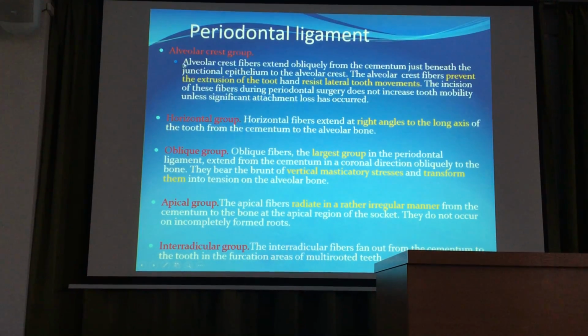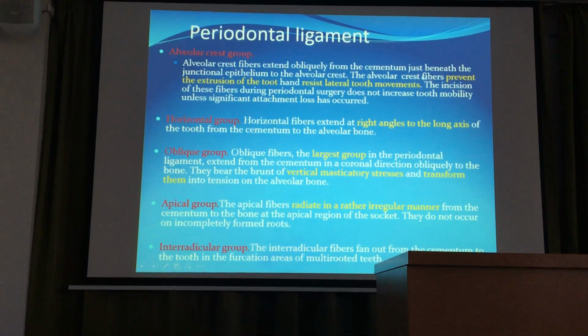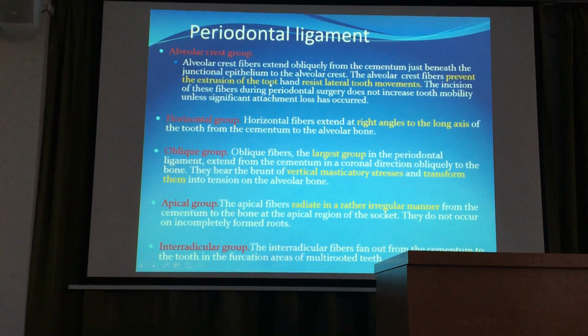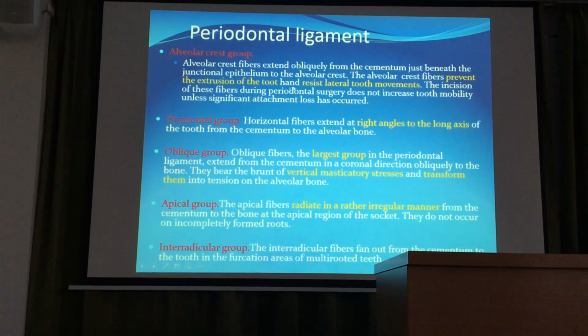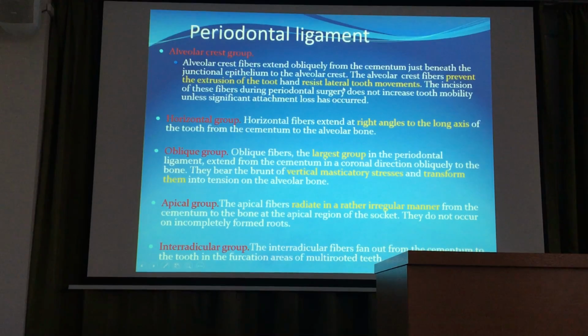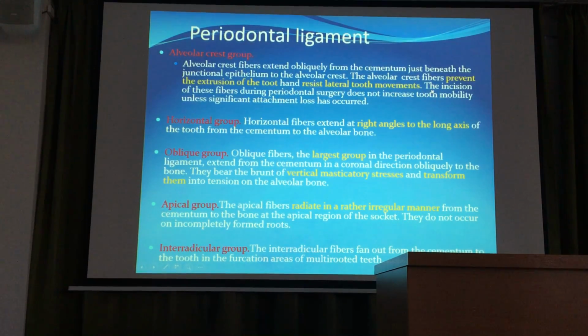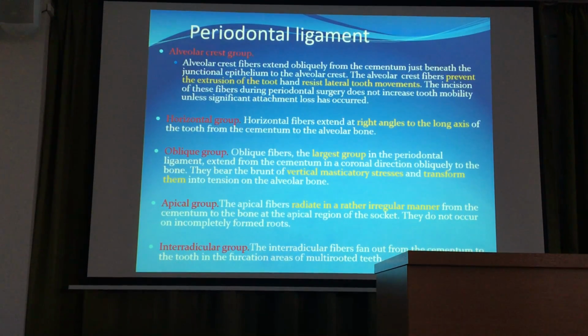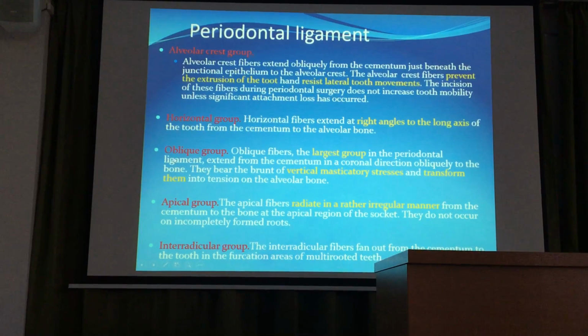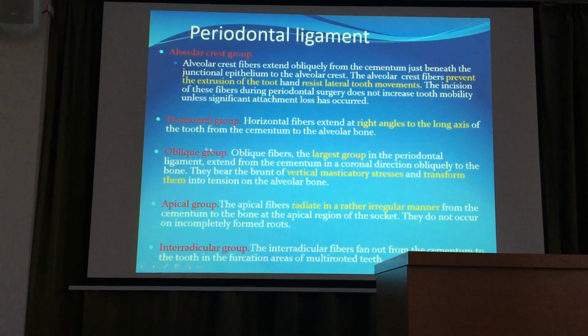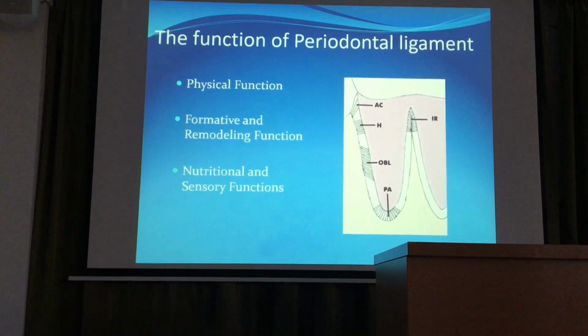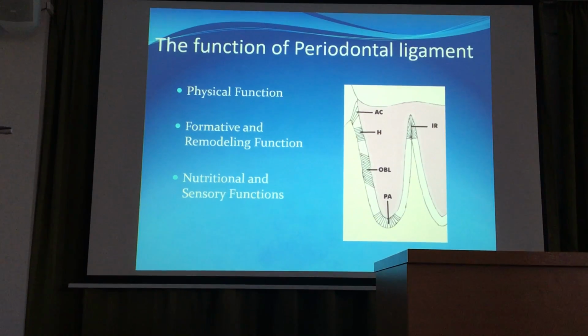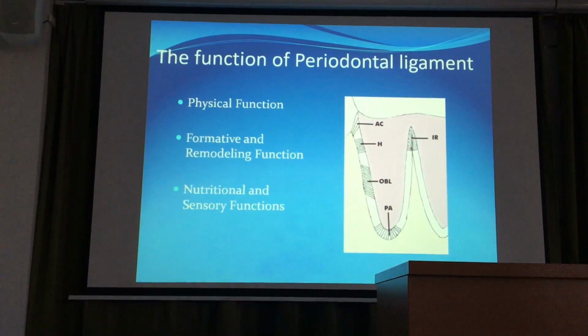Another part, for example the alveolar crest group, can prevent the extrusion of the tooth and also resist lateral tooth movement. So we have different functions for the different orientations, but against the chewing forces, the Sharpey's fibers transform the force to the alveolar bone. Some other functions are also important.